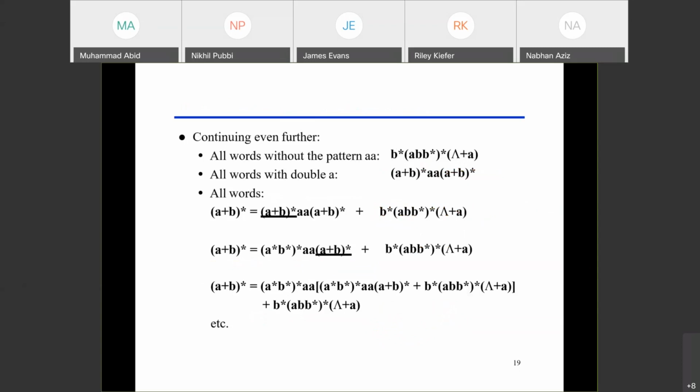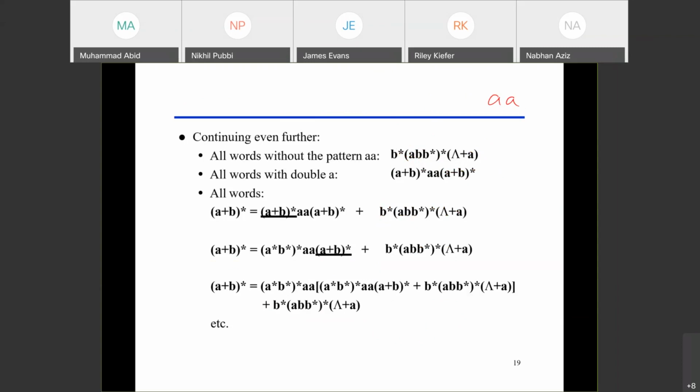Continuing even further, now if you see all words with the pattern AA, all words without the pattern AA. This is a regular expression where you will never find double A, but you will find all other words.